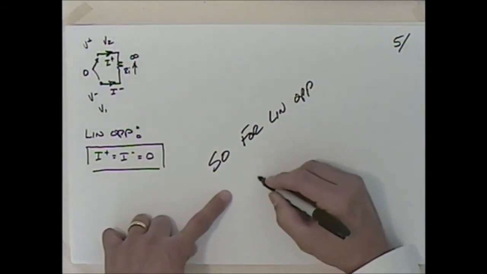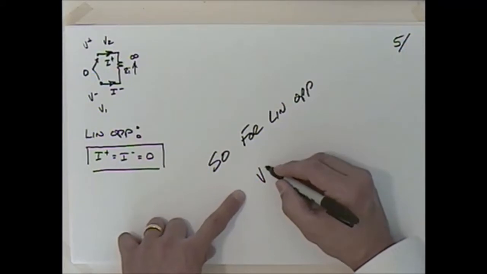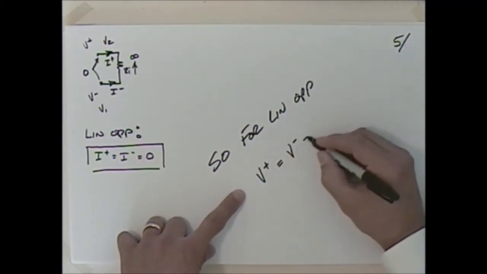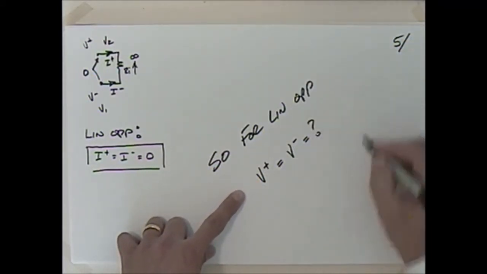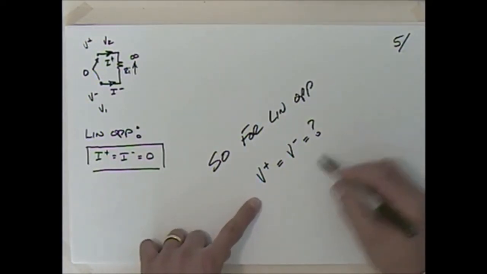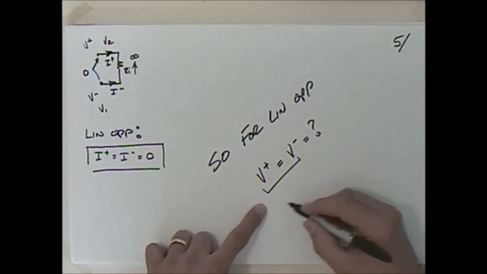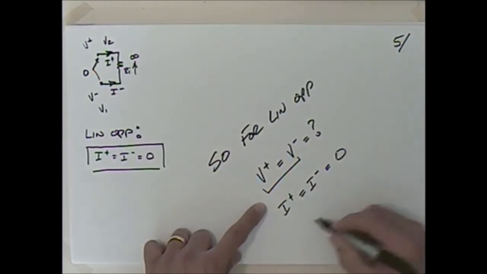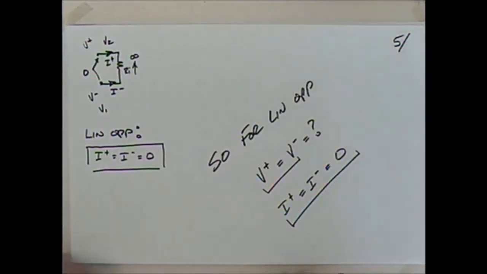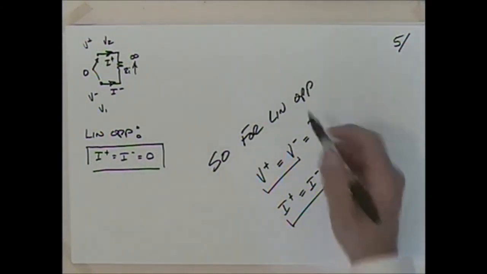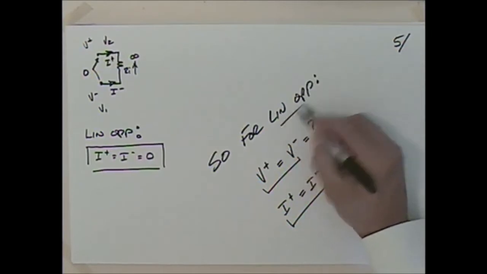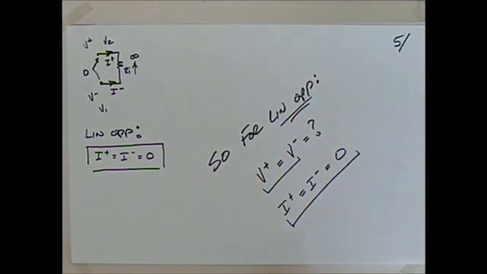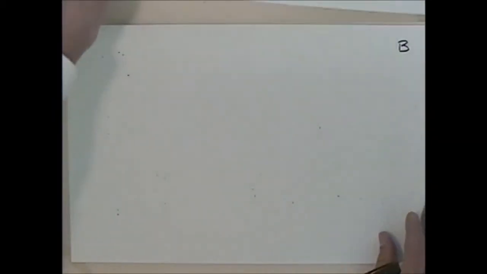So for linear operation, we can say that V plus is equal to V minus, is equal to, I'm not real sure, sometimes it's 0, sometimes it's not, but I do know that they're equal to each other. And I can say that I plus is equal to I minus, and I know that's equal to 0. So that's what I get when I've got linear operation, and all we're going to do is linear operation. The electricals will go on next year and talk about a lot more, but we're going to concentrate on linear operation. So with that at hand, let's move forward and try a couple examples.